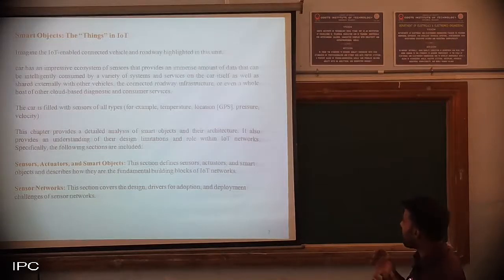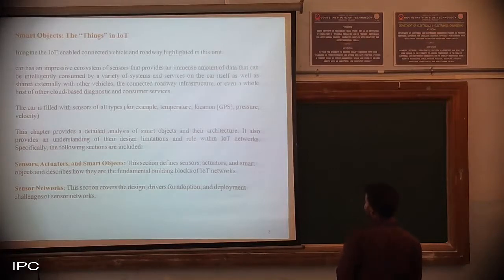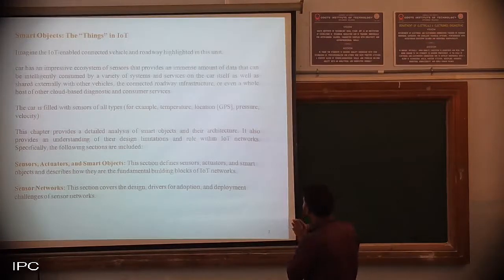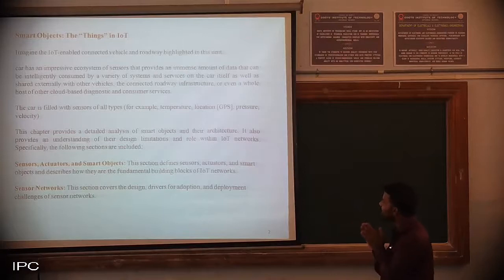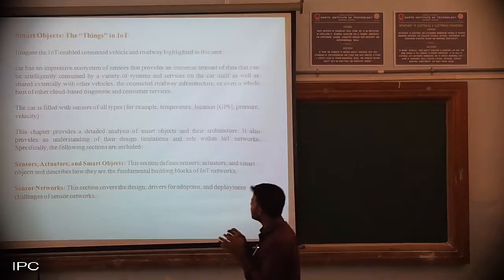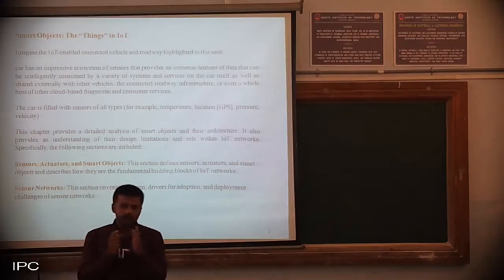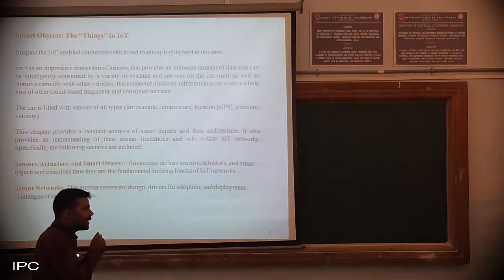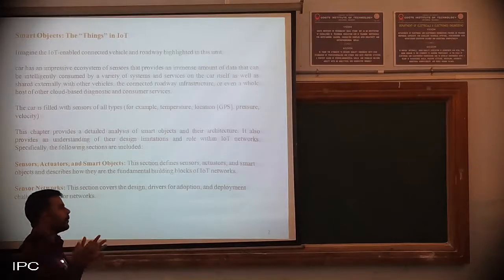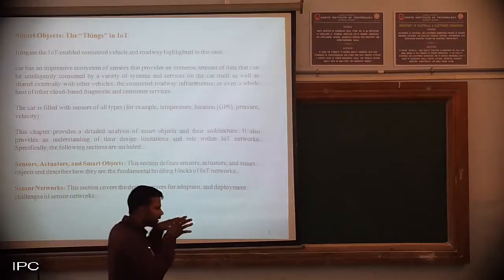A car is an impressive ecosystem of sensors that provides an immense amount of data that can be intelligently consumed by a variety of systems and services on the car itself, as well as shared externally with other vehicles. This means if it is a connected car, several sensors will be connected to that car.